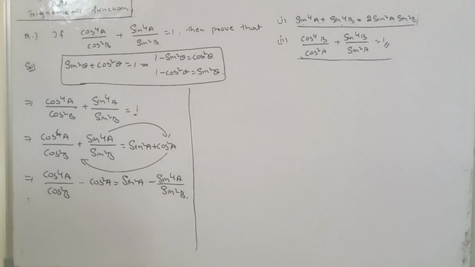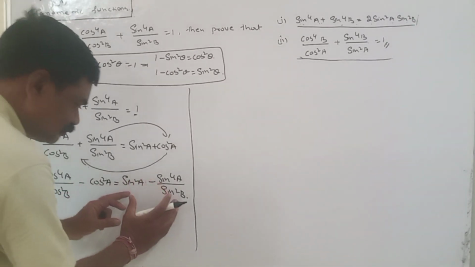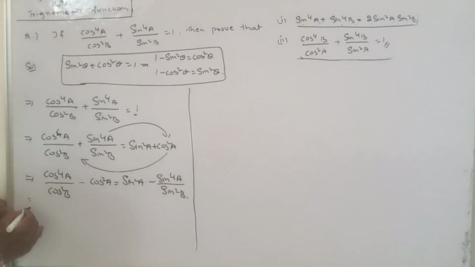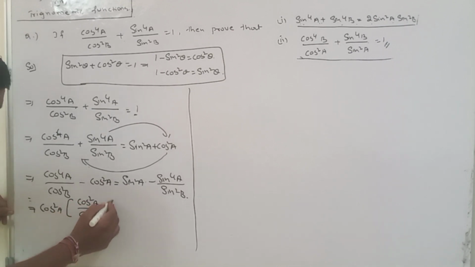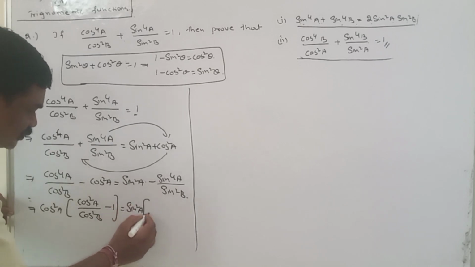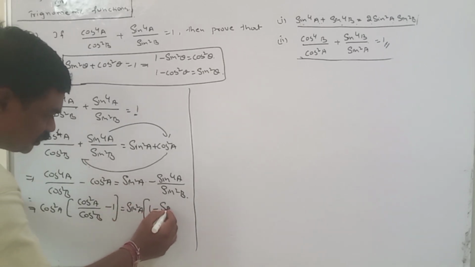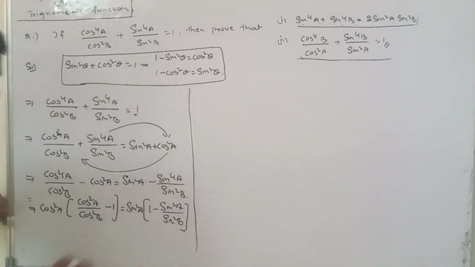So from this you can take common cos²A, and from this you can take common sin²A. This is cos²A (cos²A/cos²B − 1) = sin²A (1 − sin²A/sin²B).